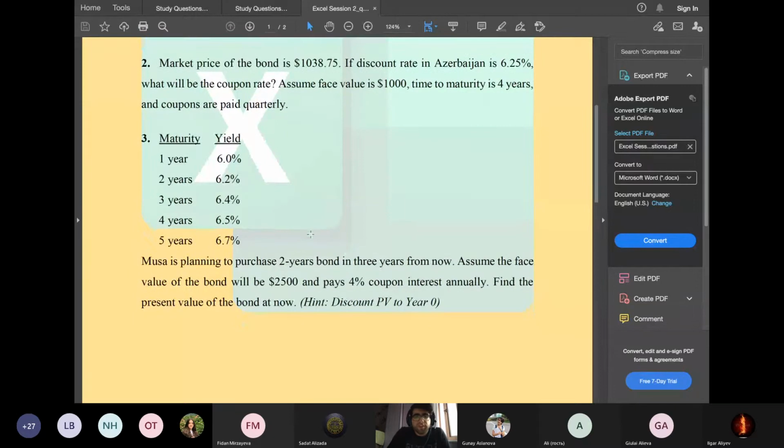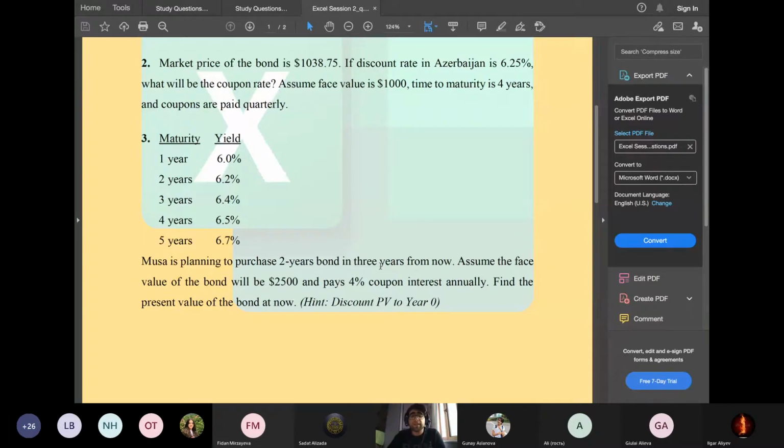Musa is planning to purchase a 2-year bond in 3 years from now, which means Musa will purchase a bond after 3 years, and the bond has 2-year maturity. Assume face value of the bond will be $2,500 and paid 4% coupon rate annually. Find the present value of the bond at now.